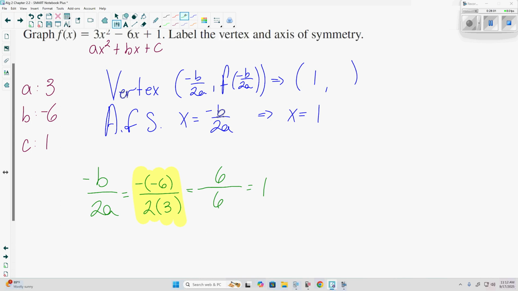Now the question is, what is f of negative b over 2a? What is it trying to tell us? Well, f of negative b over 2a, we found out, is 1. So really what it's saying is find the value of f of 1. This is just function notation saying, what's the y value when x is 1?